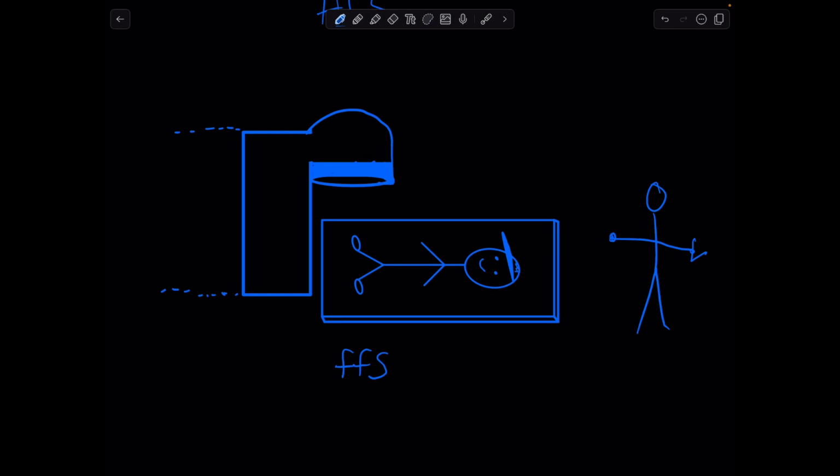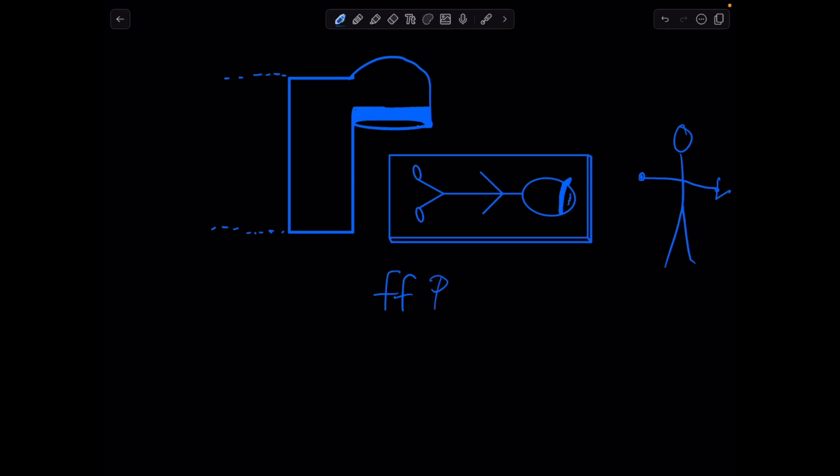So this is gonna be the patient's right, and this is gonna be their left. So again, pause the video to try to find out where the patient's left or right is.